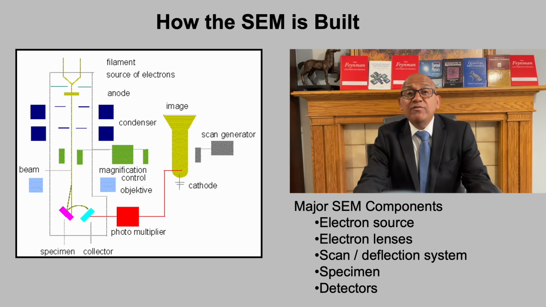This system-level view provides context for the rest of the course. In this lecture, we focus on the first and the most critical element, the electron source, and how it determines the beam conditions used in SEM.